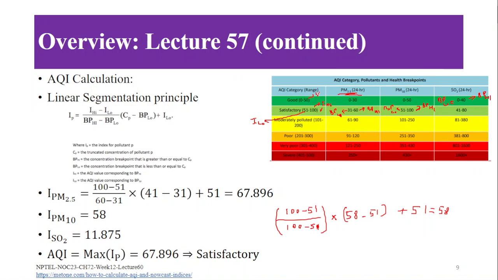So here you calculate it. 50 minus 0, I high minus I low, upon BP high minus BP low, which is 40 minus 0, into CP, which is 9.5 minus BP low, which is 0, plus I low, which is 0. So we get 5 by 4 is 1.25, and 1.25 into 9.5 comes out to be 11.875. Let me just check it.